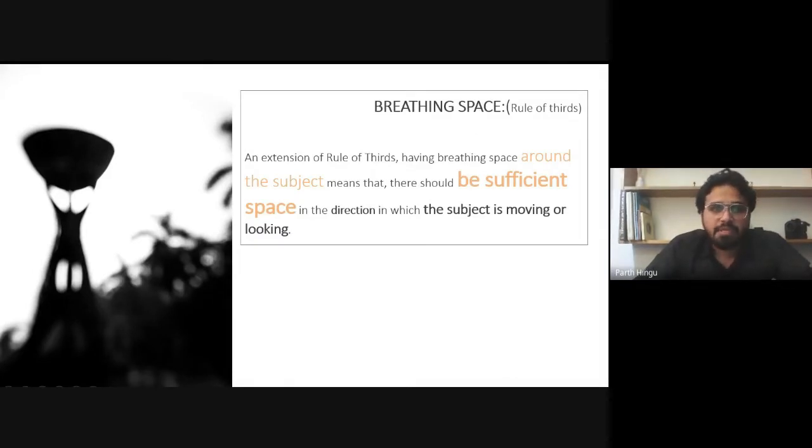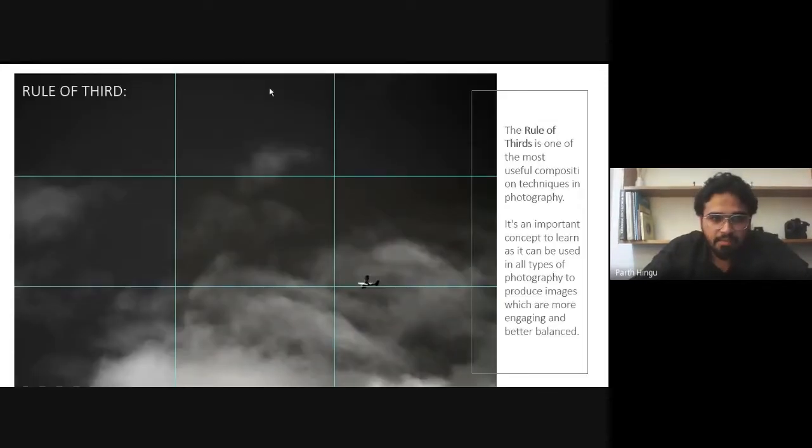There's breathing space. It comes in the rule of thirds. The breathing space is the area, you can see breathing space over here as well. So adjust your subject at 1/3, and the 2/3 space will be its breathing space. So if a person is looking to the left, his or her head must come over here.